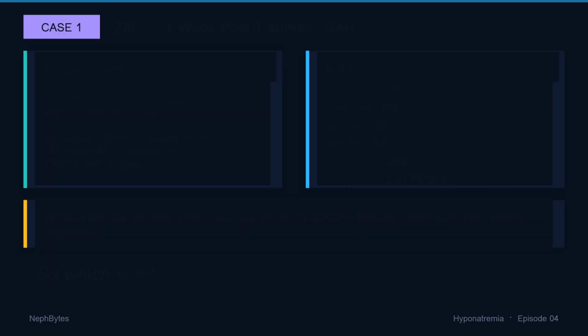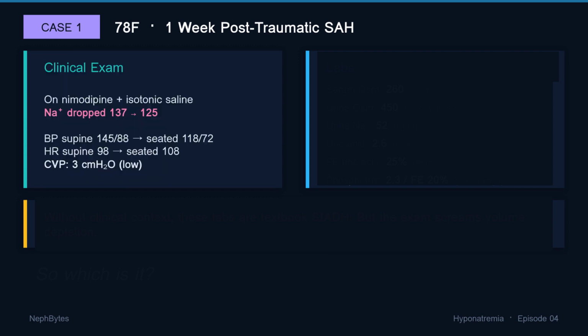Case 1. A 78-year-old woman, 1 week out from a traumatic subarachnoid hemorrhage after a fall. She's on nimodipine for vasospasm prophylaxis and isotonic saline. She develops headache and nausea, and her nursing staff notices her sodium has dropped from 137 on admission to 125.